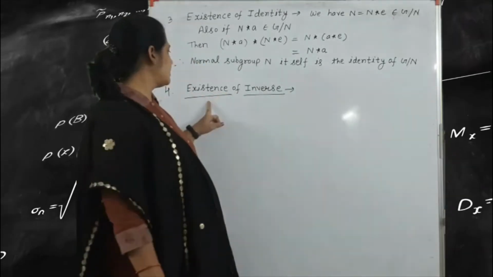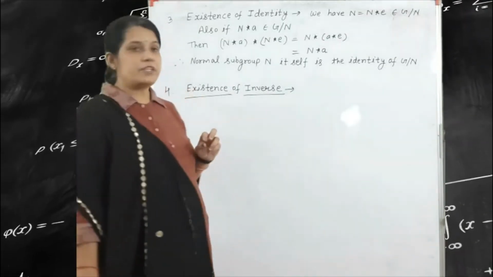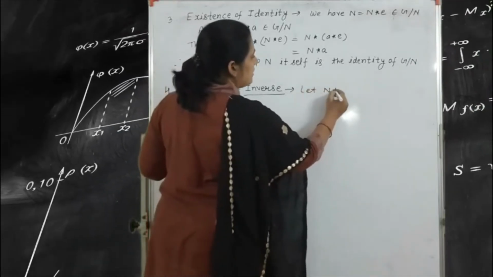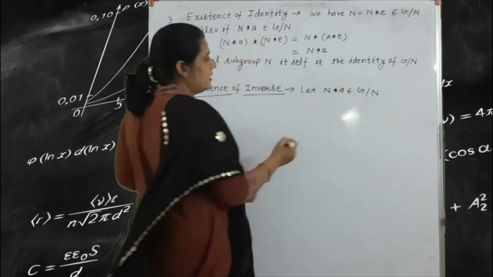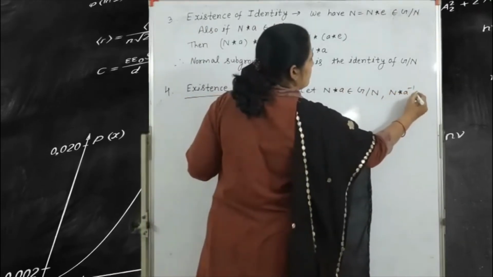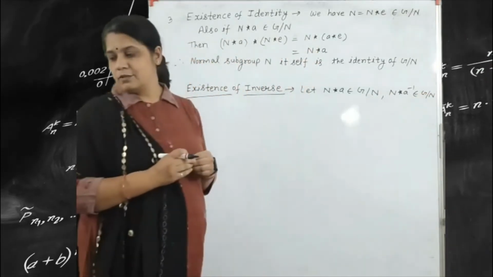Fourth one is the existence of inverse. Let N*a belong to G/N. Then N*a inverse also belongs to G/N because G is a group.